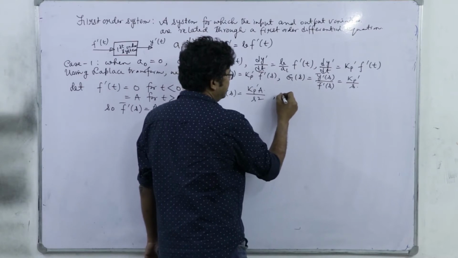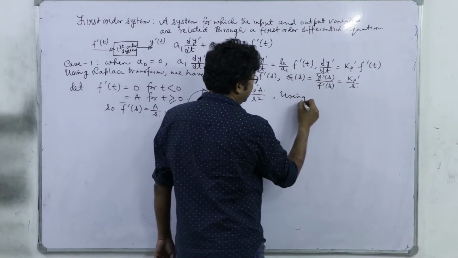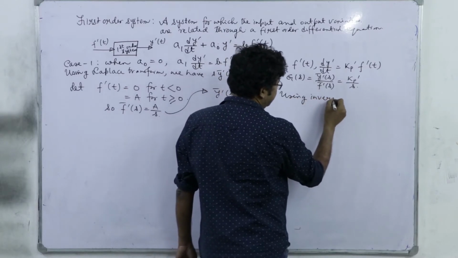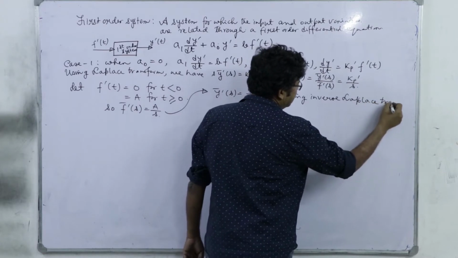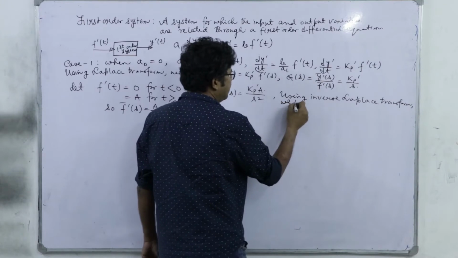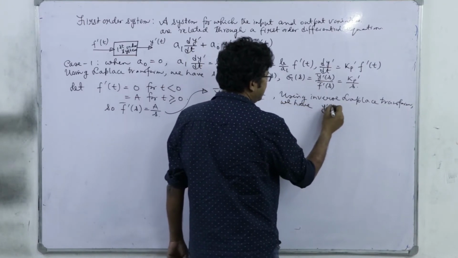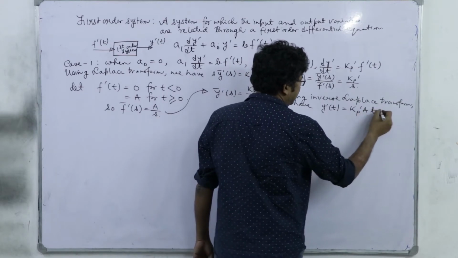So using inverse Laplace transform, we have y prime t equal to Kp prime a into t.